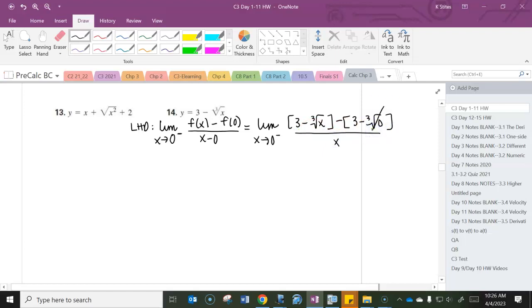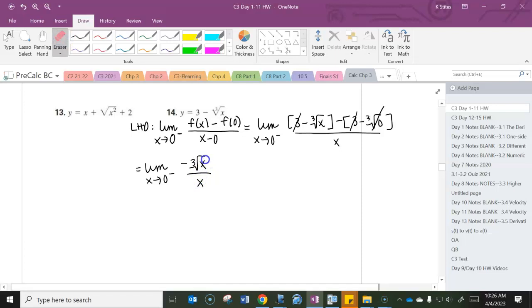Cube root of 0 is 0, and then this is going to be 3 minus 3, so all that's going to cancel, and really what you're just going to be left with is a negative cube root of x over x.